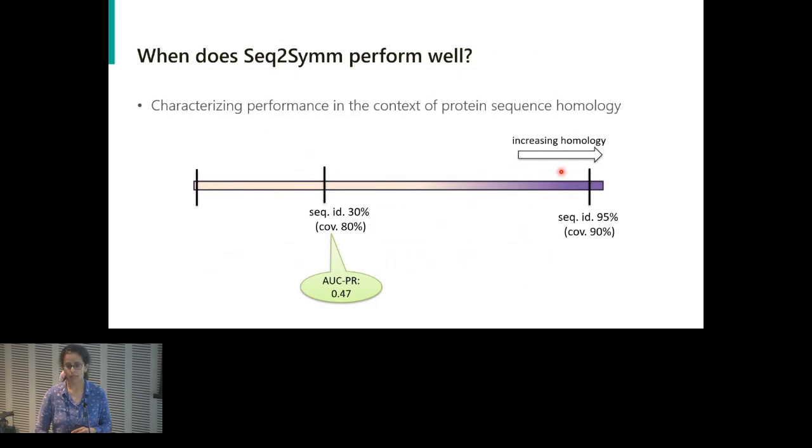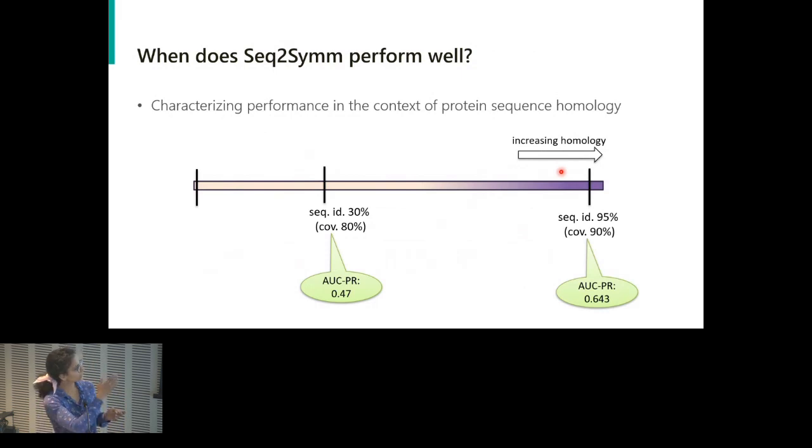At the right extreme is a very easy setting, where the sequence identity of the test protein is 95%, which means you will certainly have seen a highly homologous protein during training. In this case, as you can imagine, it's an easy setting, so Sig2Sim gets an average AUC-PR of 0.643.